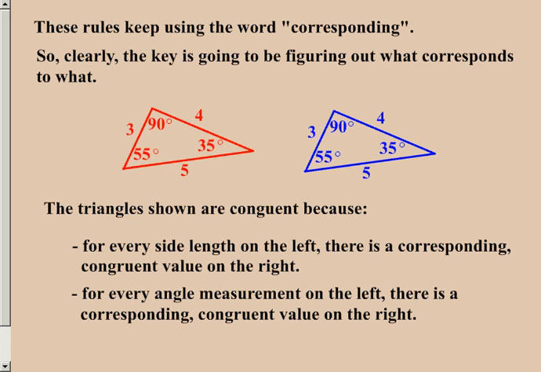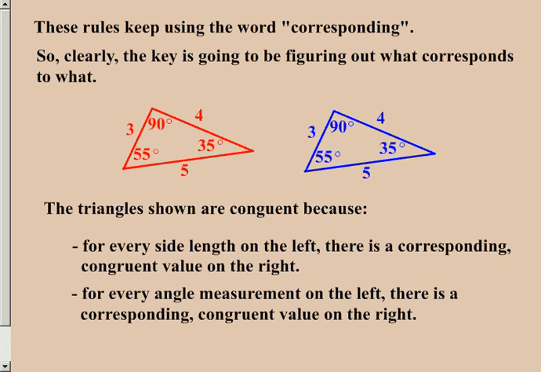The other part of the definition for being congruent is that for every angle measurement on the left, there is a corresponding congruent value on the right. And again, congruent or corresponding means they share similar properties. So in the case of an angle measurement, that would be degrees. As you can see in the figure on the left, we have a 90-degree angle, and in the figure on the right, there is also a 90-degree angle.